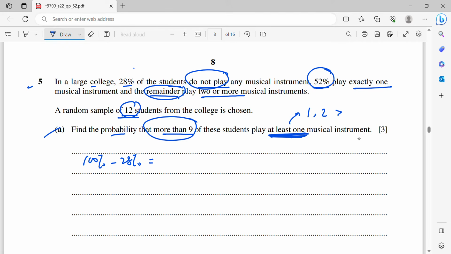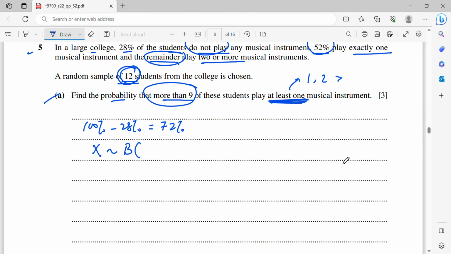So 100% minus 28% is 72%, which means X is binomial. This is binomial because the number of students is a discrete random variable. We are considering 12 students, and 72% will be playing at least one musical instrument. Out of 12, you need to count more than 9, the probability of X more than 9. So when X is more than 9, it will be P(X = 10) plus P(X = 11) plus P(X = 12).